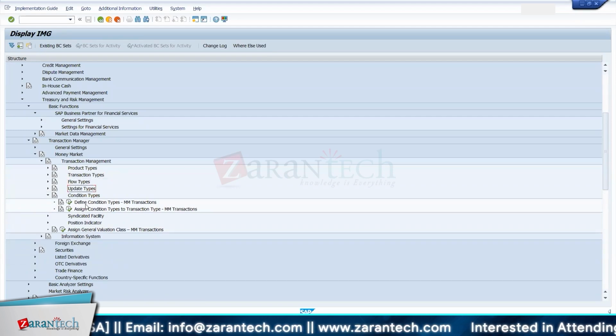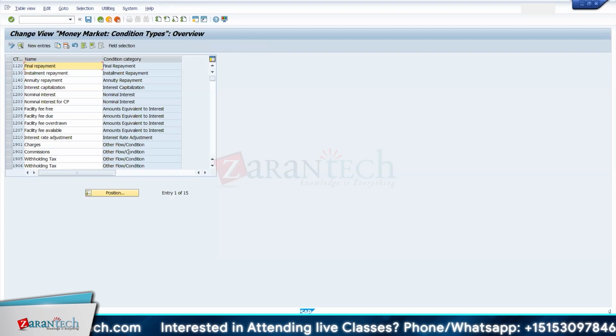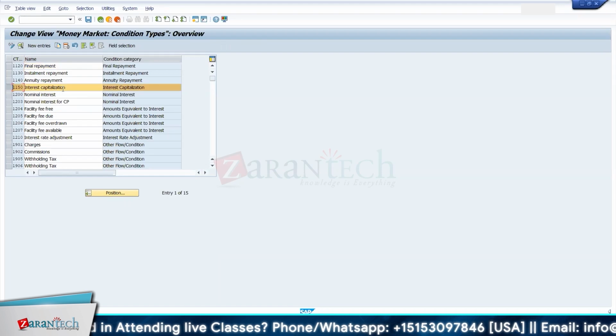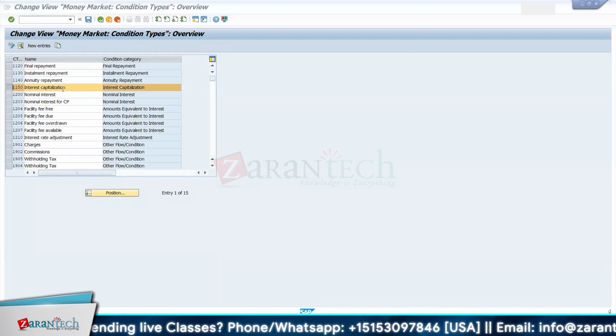Now here we need to also understand the condition type, because I need a process or functionality to calculate interest. So you will find there are conditions where all these calculations are applicable. Like I'm using this interest capitalization 1150 for my interest.